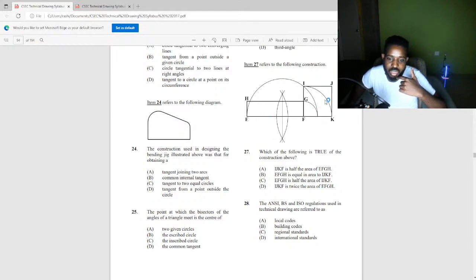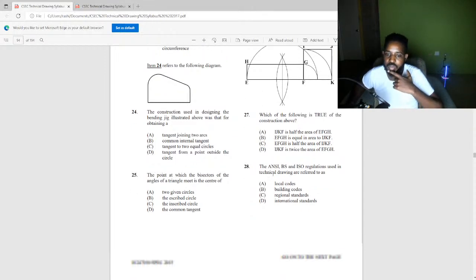EFGH is this and then that is that. EFGH is equal in area to IJKF. So this is what's happening. The rectangle is equal in area to the square. So the answer is B. This method shows how you draw a rectangle equal in area to a square, or a square equal in area to a rectangle. That video is on the channel as well. So the answer for this is B.